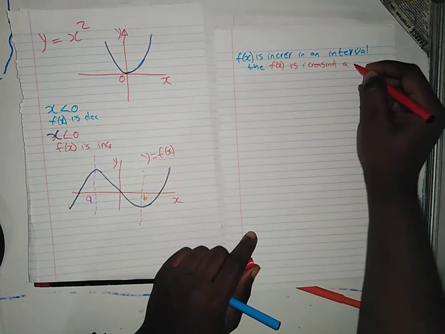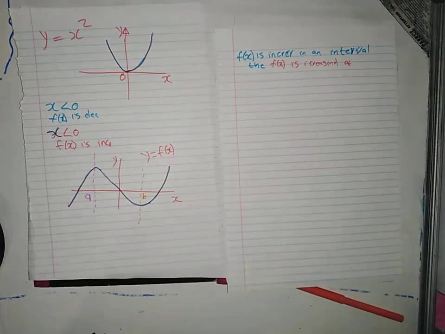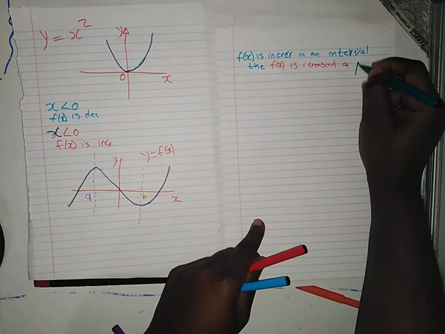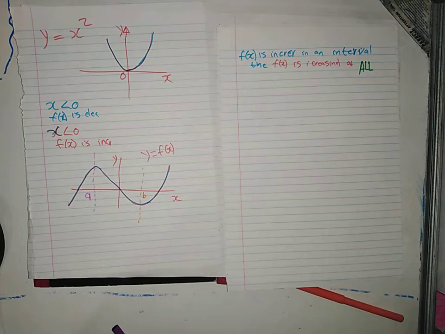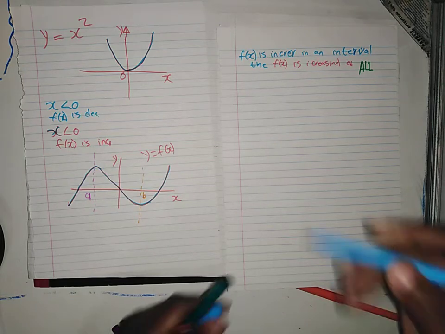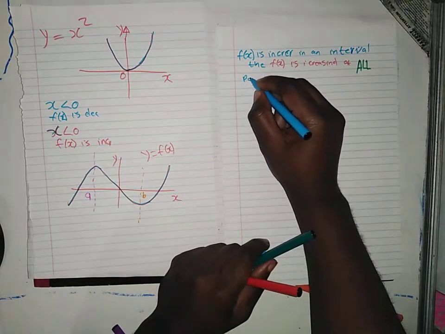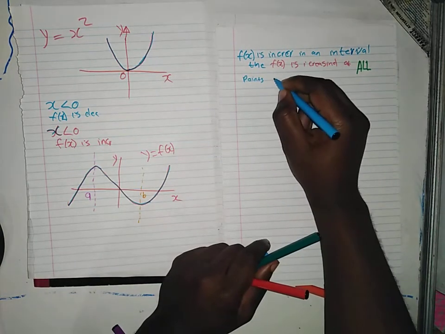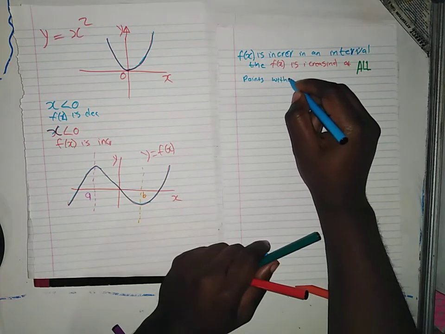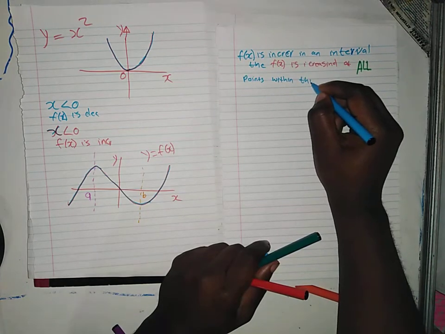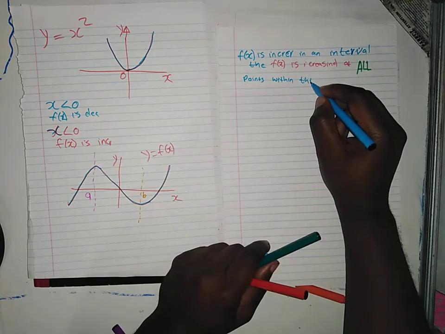is increasing at all points. And let me put this in different colors so that it is very clear. At all points, even within the decimals, it doesn't matter. Within this interval, especially for grade 12 people, this is very important to know.